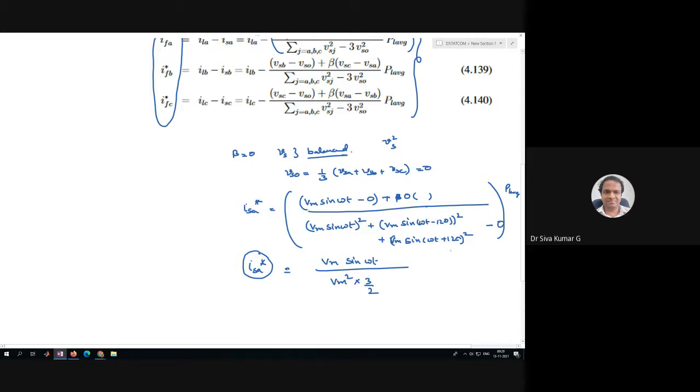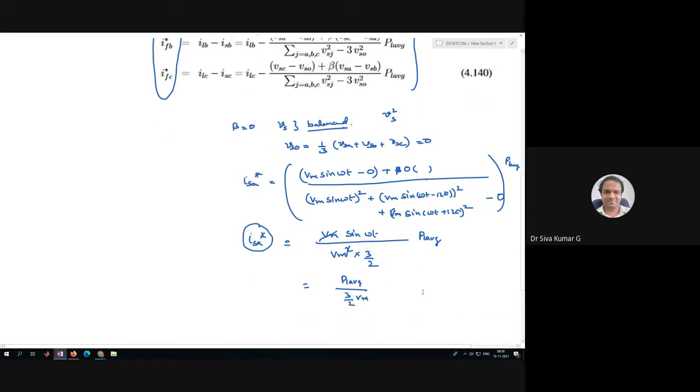Just now we have seen this expression is 3 by 2, and then the PL average. Here the Vm cancels out. We get the PL average times 3 by 2 times Vm. This is the expression which we get.